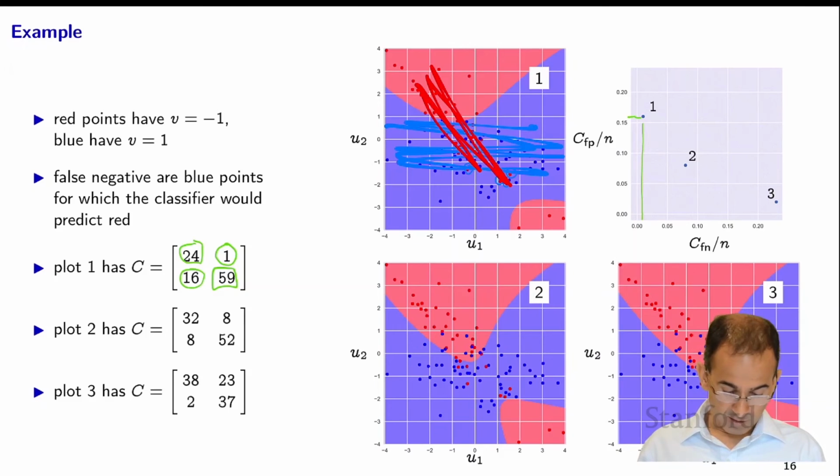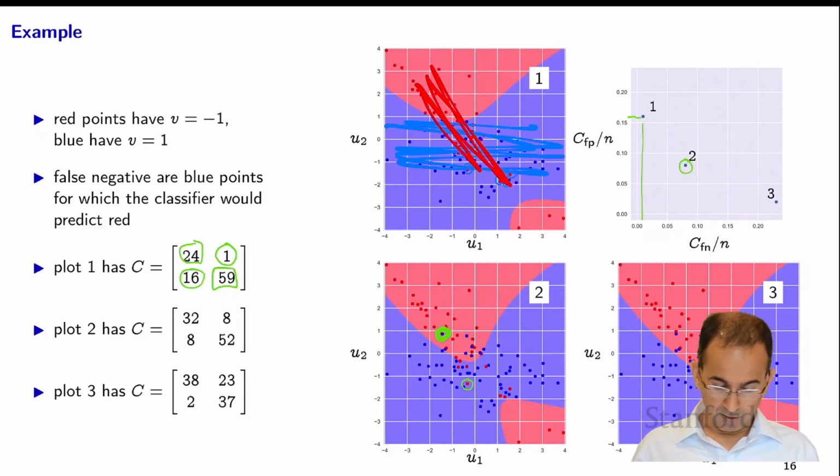As a result, we can look here and we can see, well, now there are 8 false negatives. There's one. But there's only 8 false positives. Here's one. And that gives us corresponding false positive and false negative rates of 0.08, which is right there.